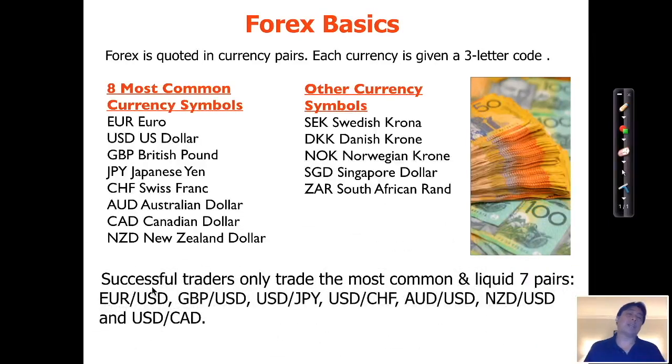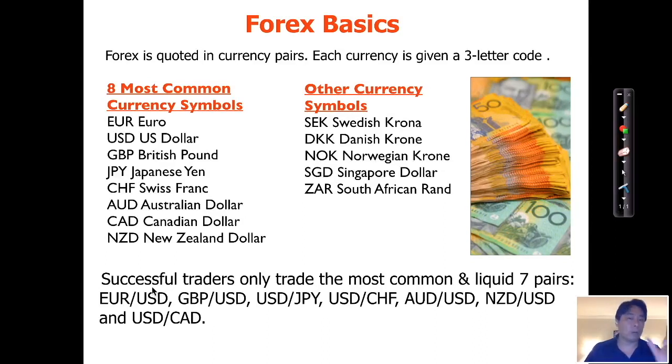And again, the most successful traders only trade the most common and liquid 7 pairs. Now, I do trade slightly beyond the 7 pairs. I'm going to show it to you, but these are the 7 most common pairs, which are the most liquid. They're the most actively traded, highest volume. So it moves with the greatest volatility and the tightest spreads.